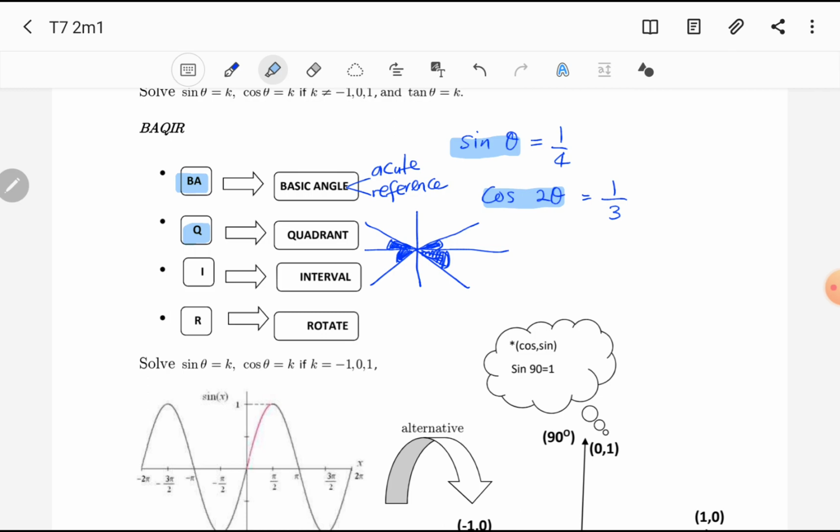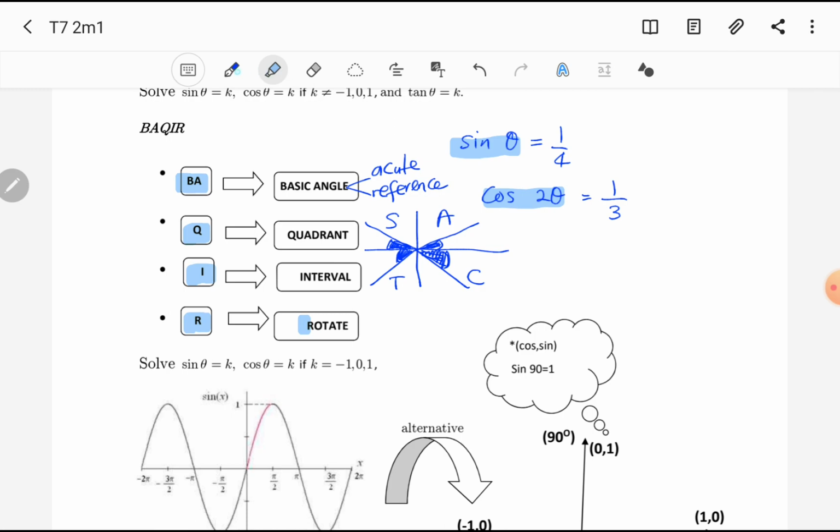For the quadrant, you need to know that first, second, third and fourth quadrant will be all positive, sine positive, tangent positive, and cos positive. Add sugar to coffee. And the next one is the interval. And the last step is rotation.